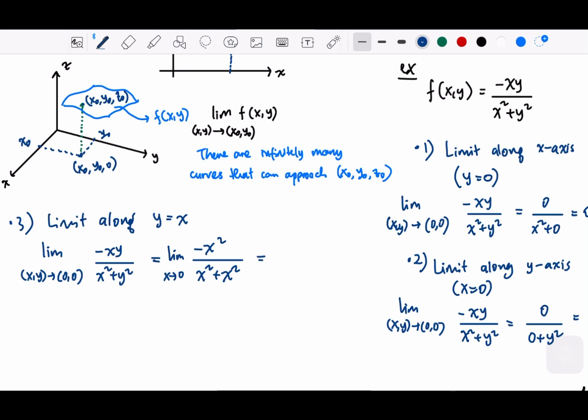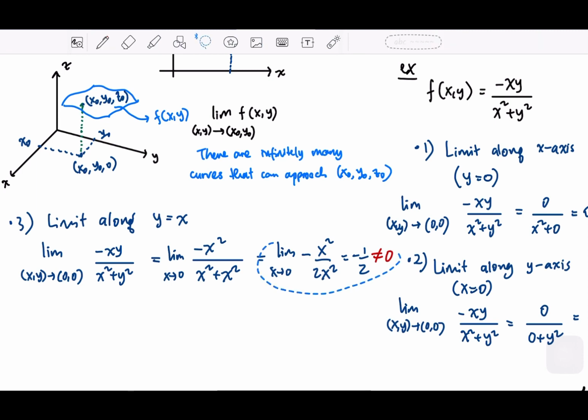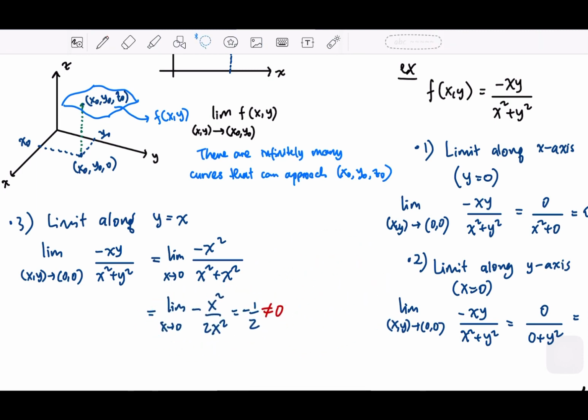Now we see that this limit becomes negative x squared over 2x squared, and this is negative 1 over 2, which is not equal to 0, right? So probably the limit does not exist.